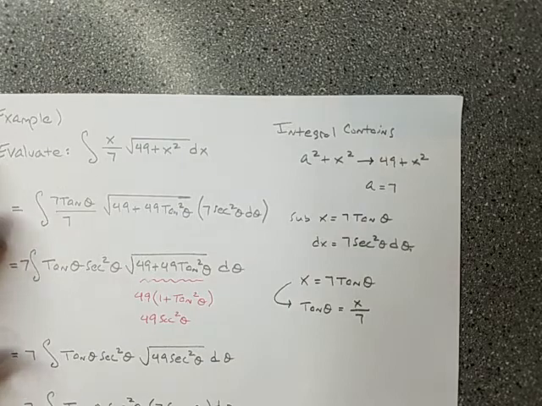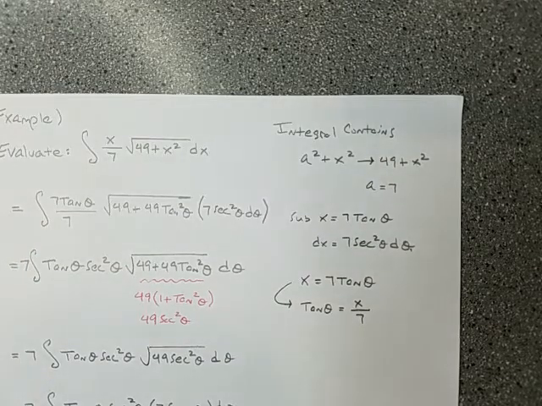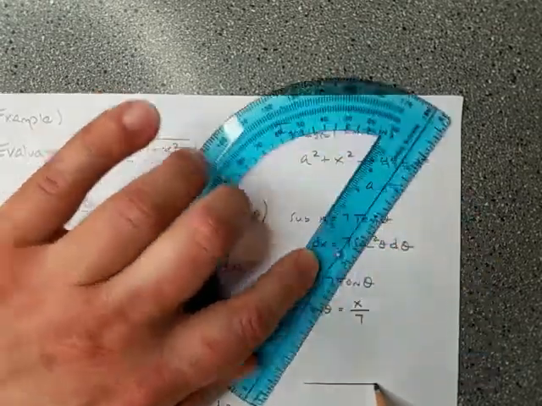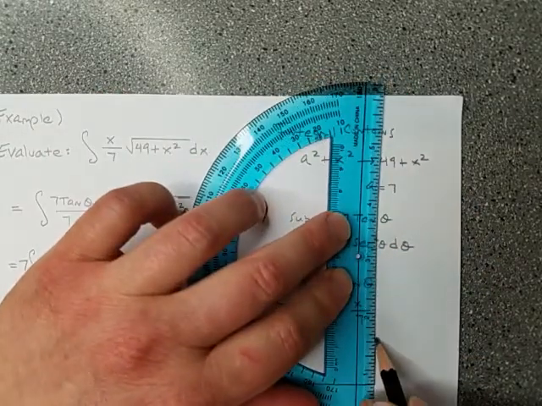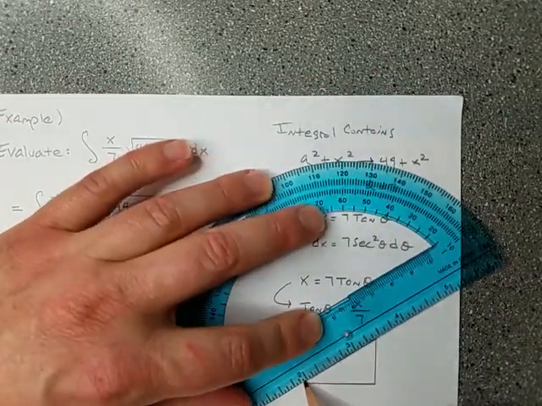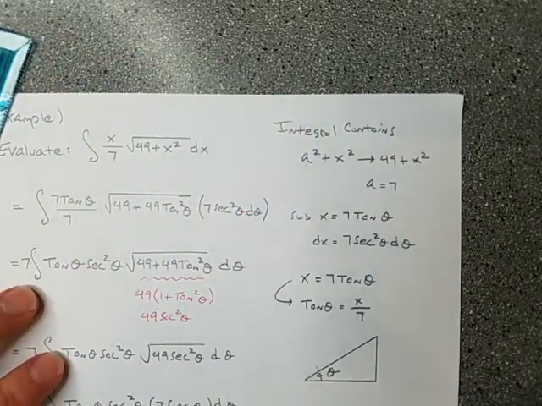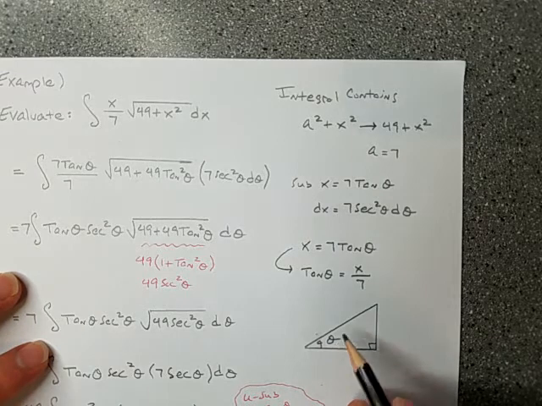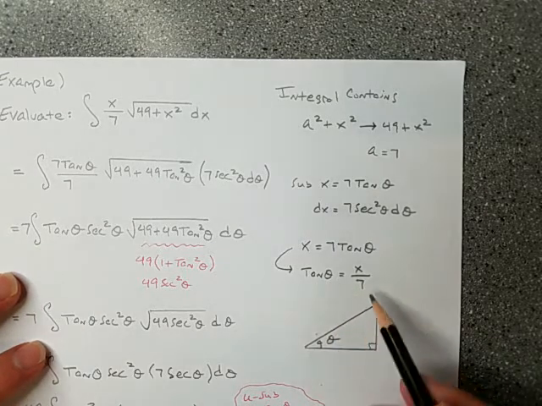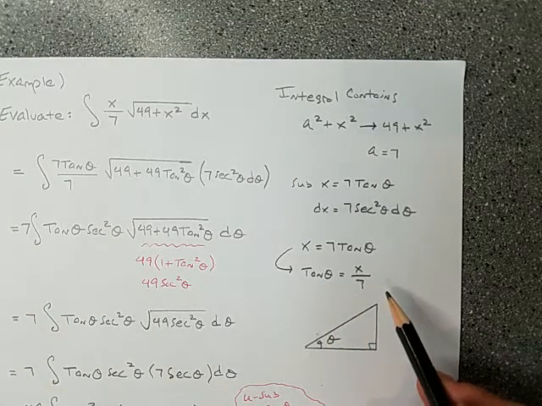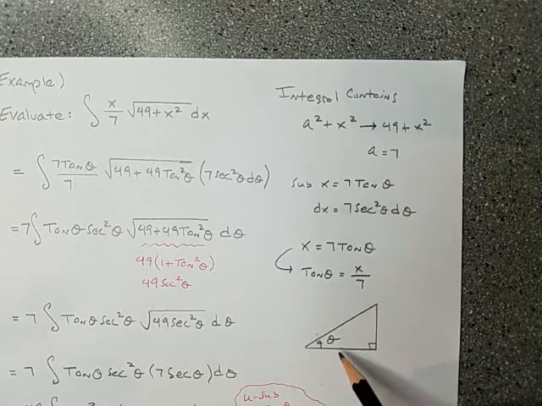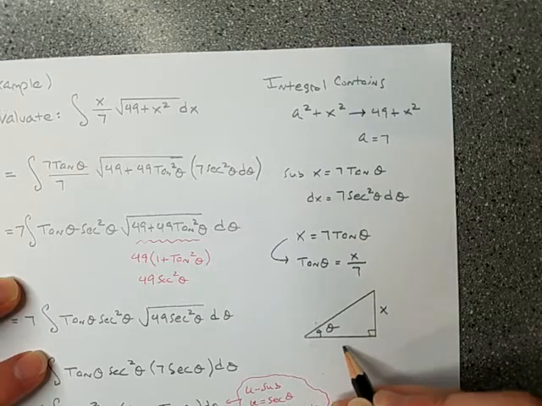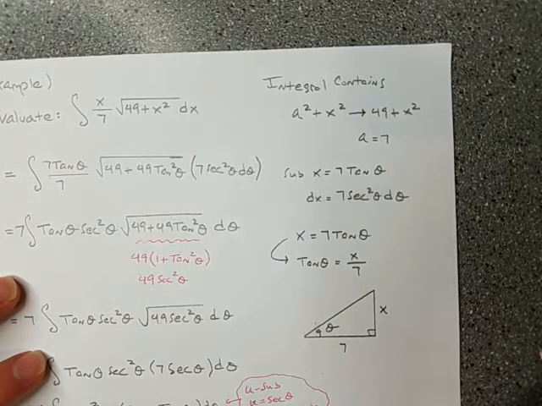Okay? So that's just a little bit of algebra. But then I could say that theta, what kind of a thing is theta? Well, theta is an angle. And so we could see an angle. Right? We could visualize the angle. What's this angle theta look like if the tangent of this angle is x over 7? Well, in general, tangent of an angle in a right triangle is opposite over adjacent. So this will be x, this will be 7.